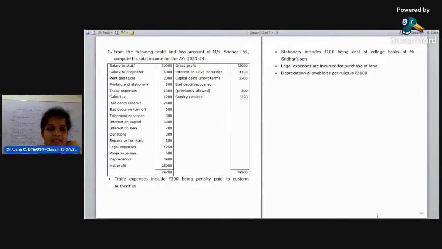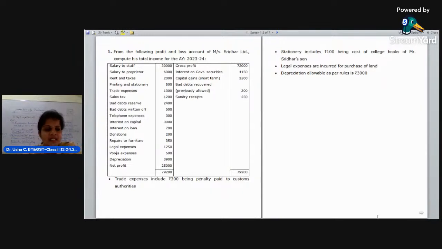Next, bad debts recovered, previously allowed. So, whatever bad debts recovered, which was allowed previously. In case the bad debts are recovered, any amount of it, earlier it was deducted as bad debts written off, and now this amount of bad debt is recovered, that can be considered because earlier we had deducted it. Now we have to add it back. So this bad debts recovered, if it is allowed previously, then we can consider that as business income.